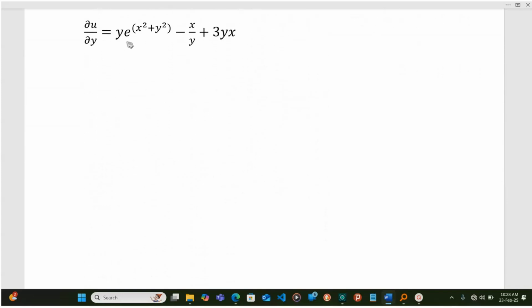If we have ∂u/∂y equivalent to y e^(x² + y²) − x/y + 3yx, this gives you u, which is a function of x and y. Now for us to get u here, because we have the first partial derivative, we shall just do partial integration once.